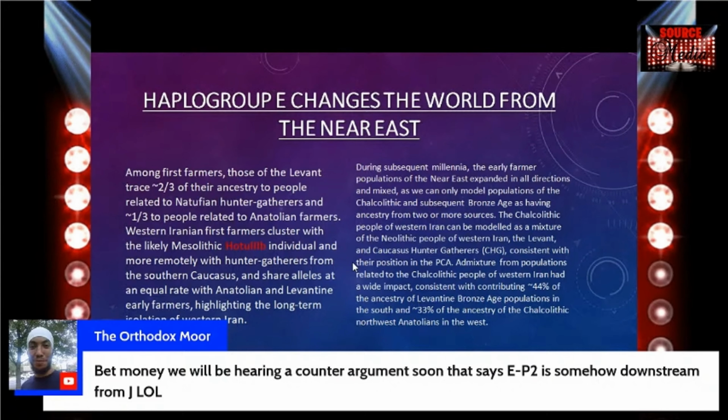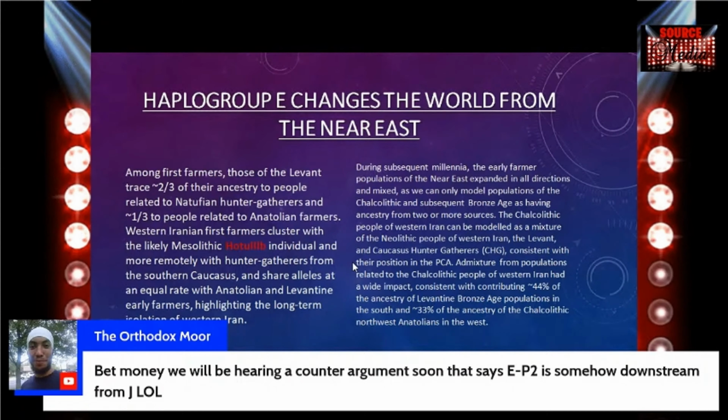During subsequent millennia, the early farming population of the Near East expanded in all directions and mixed, as we have only modeled populations of the Chalcolithic and subsequent Bronze Age having ancestry from 2 or more sources. The Chalcolithic people of Western Iran can be modeled as an admixture of the Neolithic people of Western Iran, the Levant, and Caucasian hunter-gatherers, consistent with the position of the principal component analysis.